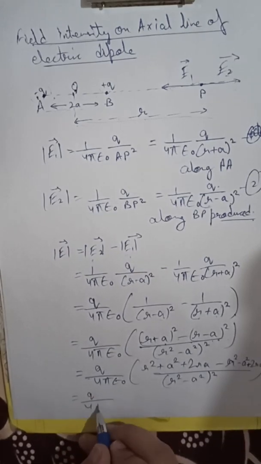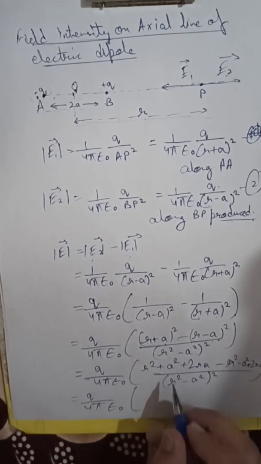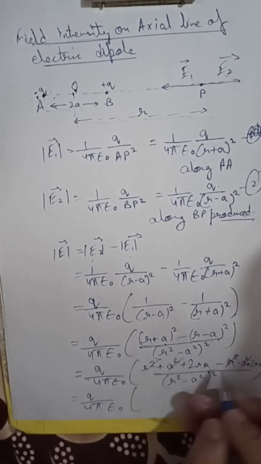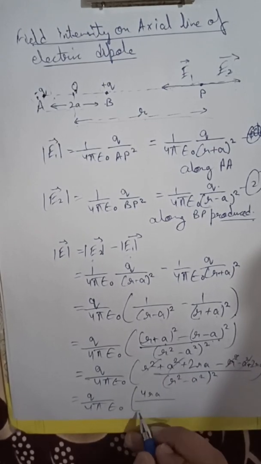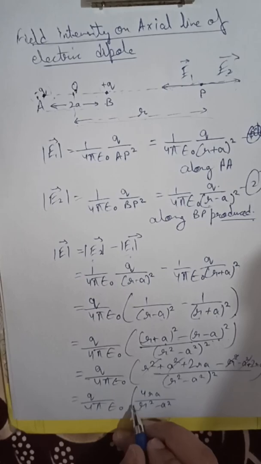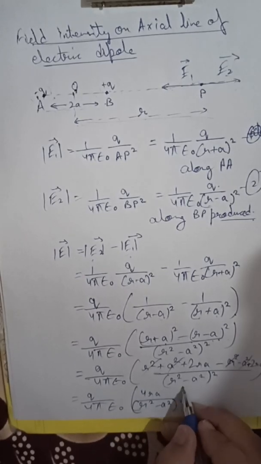This cancels out, and we will get 4RA upon R square minus A square whole square, with the 4 pi epsilon naught remaining.